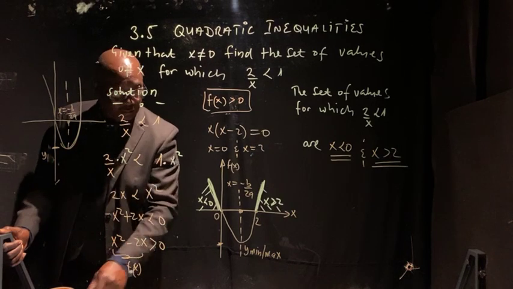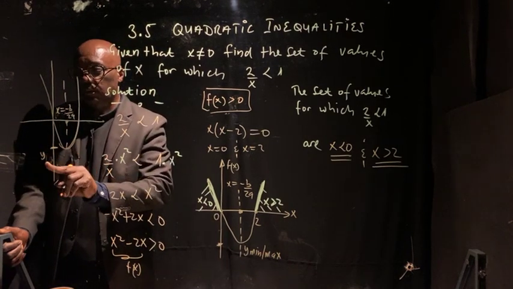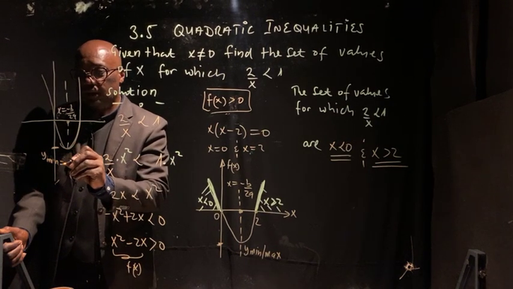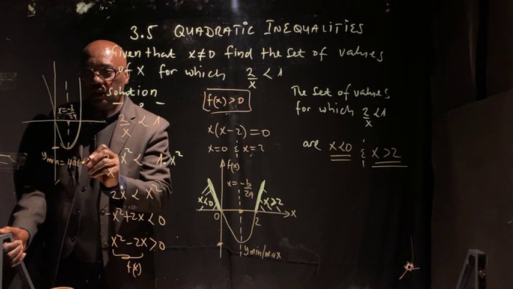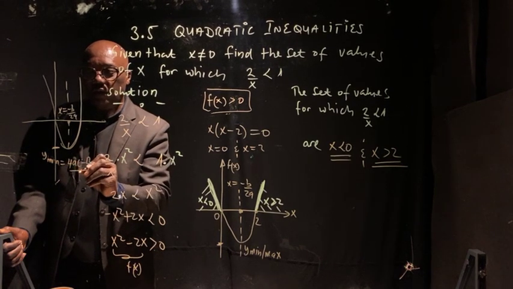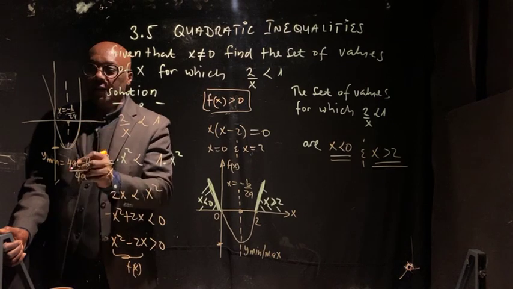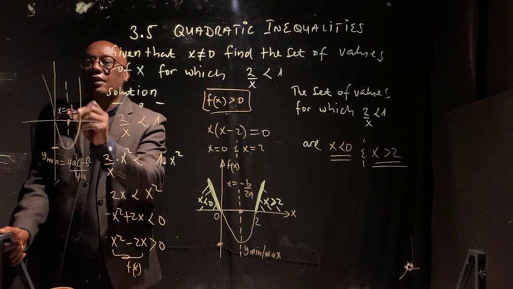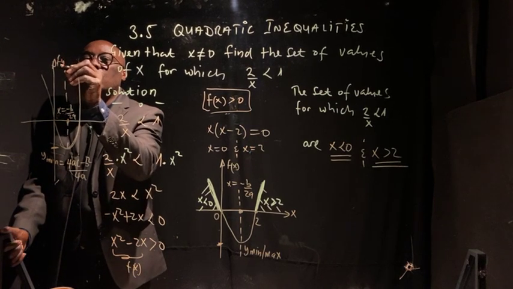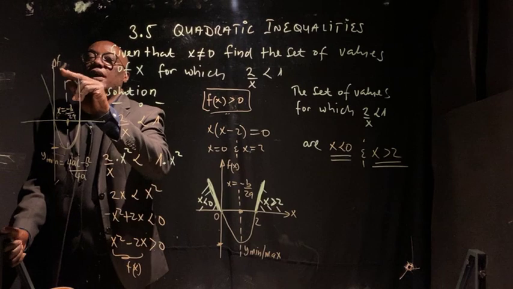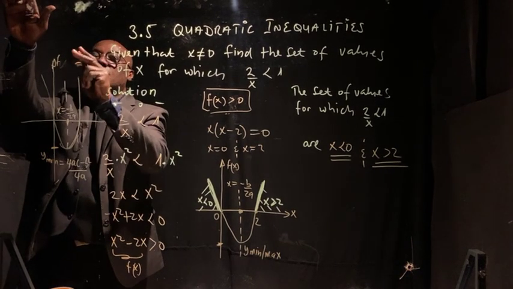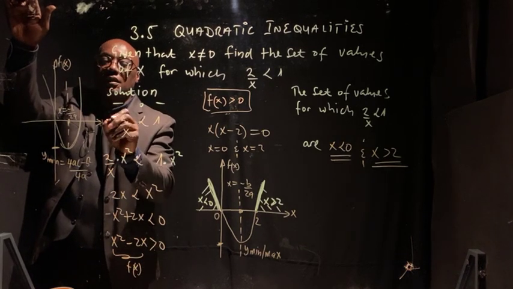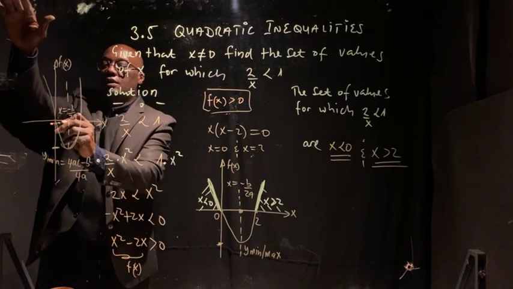Y minimum is 4ac minus b squared over 4a. So this is the y minimum, and this is the symmetry. And this is the f of x or y, and this is the x-axis, and this is the origin.